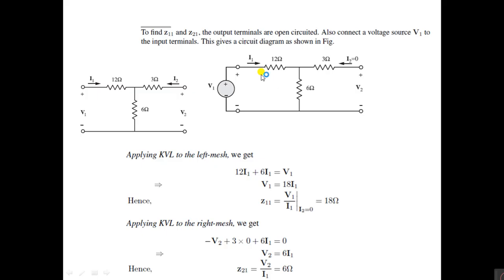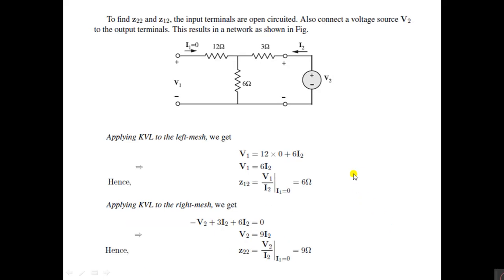Across this 6, current I1 is flowing through it. So minus V2 plus 3 into 0 plus 6I1 equal to 0. Now minus V2 plus 6I1 equal to 0, so V2 equal to 6I1. Now V2 by I1 equal to 6 ohm. That is Z21. Got it?